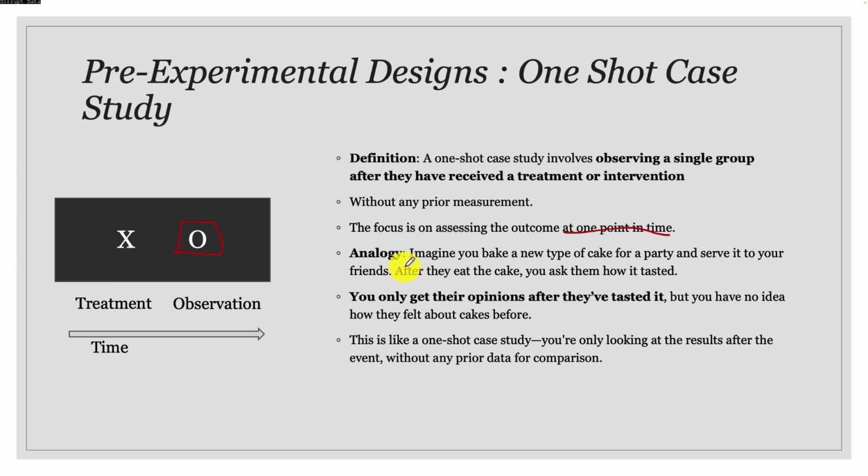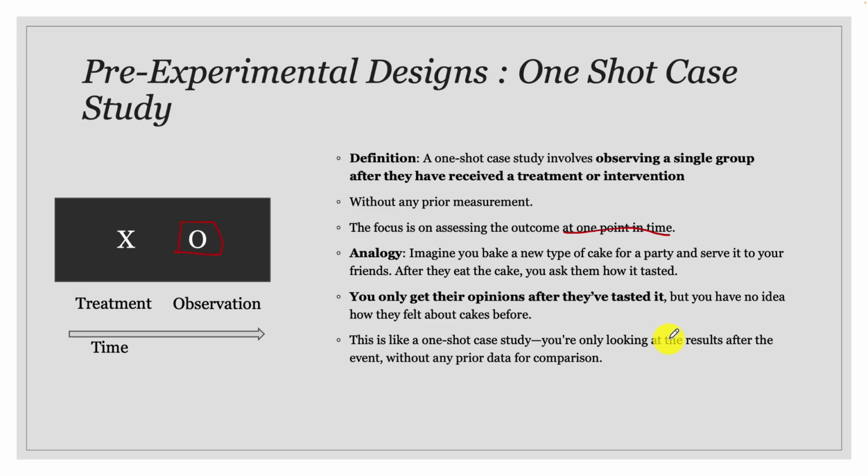I have an analogy here just in case you guys need that, because some people find it helps them quite a bit, but you don't have to read that if you are not interested. So let's go to the next. Here, this is like a one-shot case study.